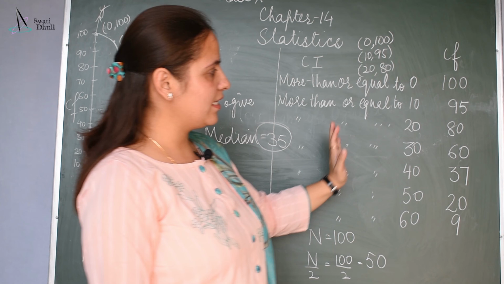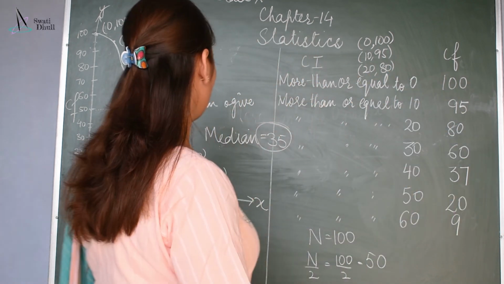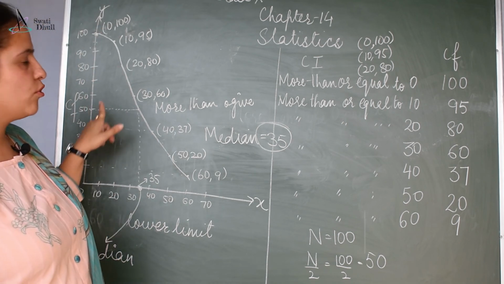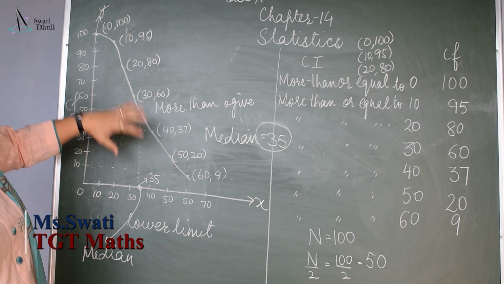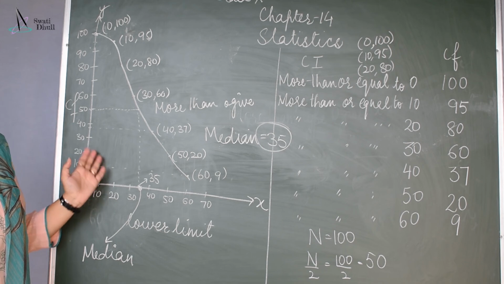Whatever is the class interval, you then have to write the corresponding cumulative frequencies, and then you have to plot the points on the graph for more than type ogive. Then you join the points, which we call a cumulative frequency polygon.